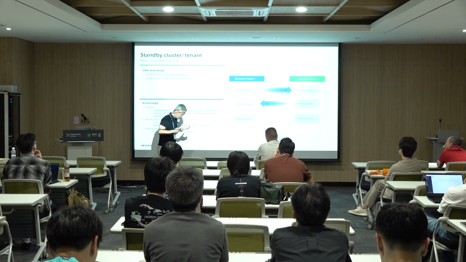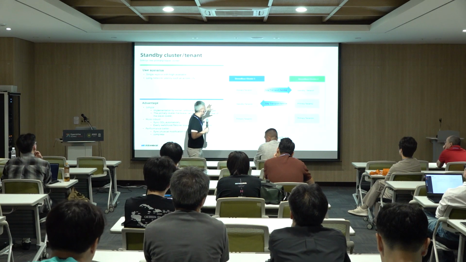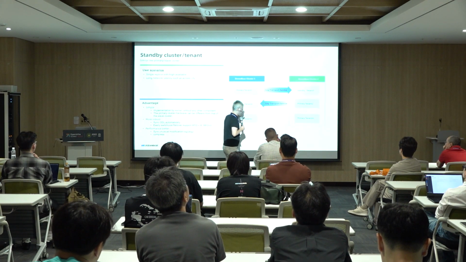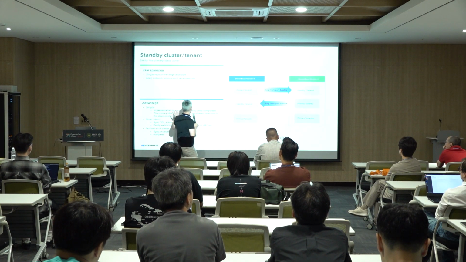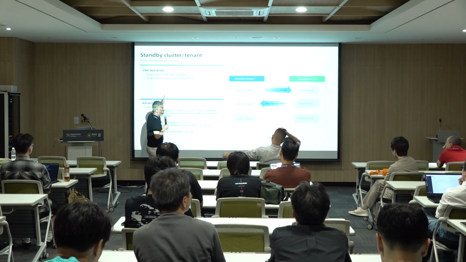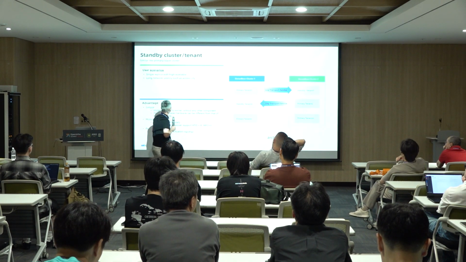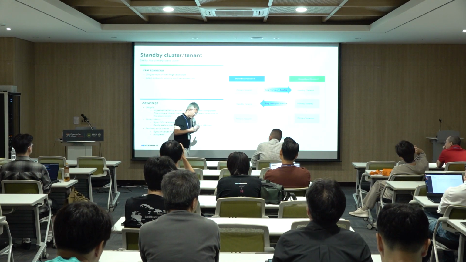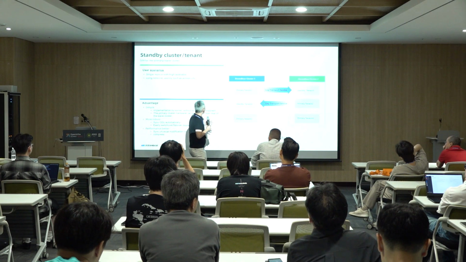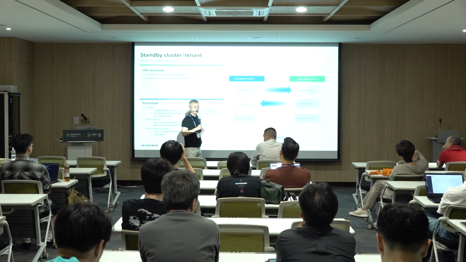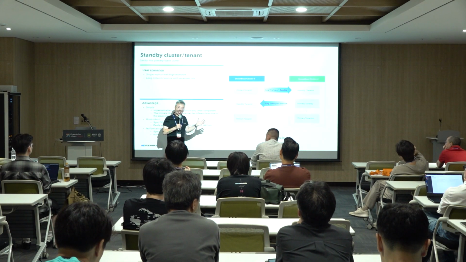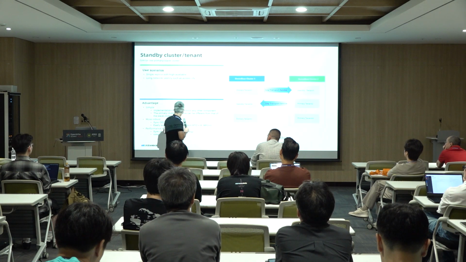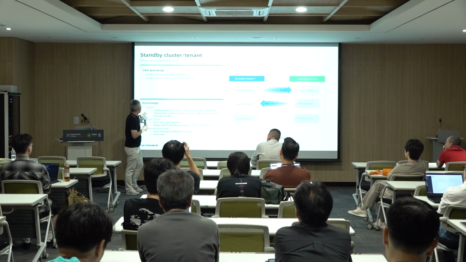If one cluster isn't enough for high availability, you can add a standby cluster or standby tenant. This is very useful in disaster tolerance across cities, especially in the financial field. What's the advantage?